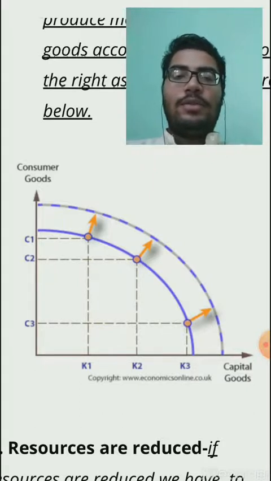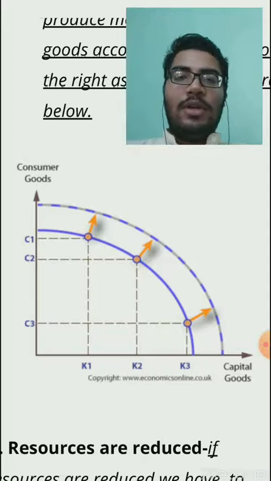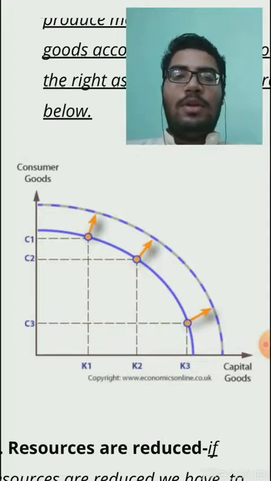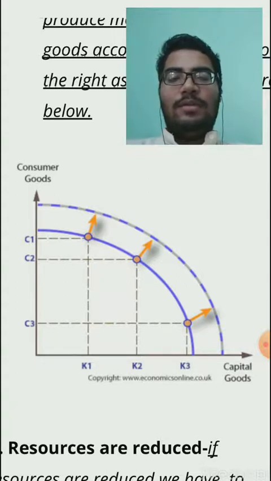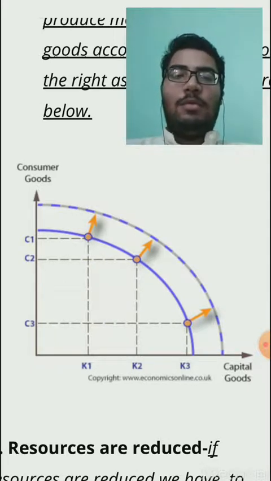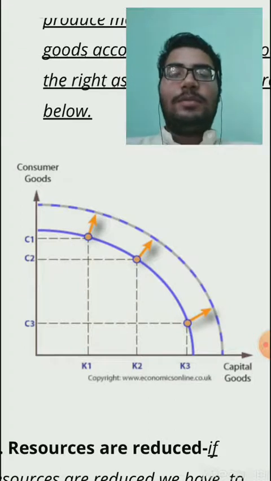Now if the resources available to the economy are increased, then both types of goods, consumer good and capital good, are produced more, because now we have a greater quantity of resources. If we have more resources, then we can produce both goods in much higher quantities. This is the reason behind it. So if resources in an economy increase, the production possibility curve will shift rightward.